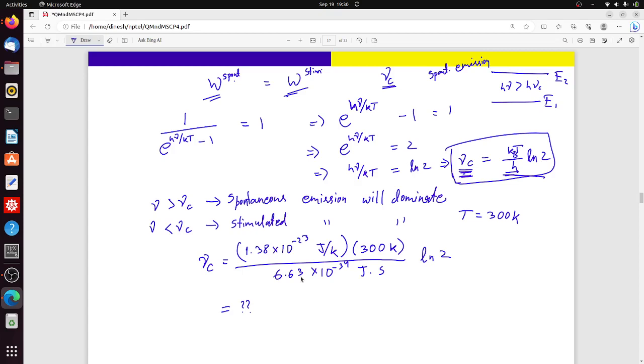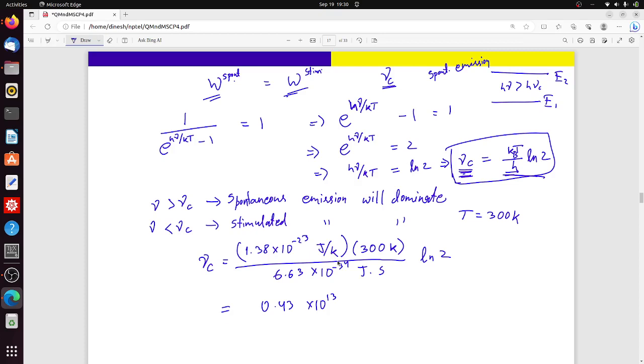Okay, I am writing the numerical value, you cross check. 0.43 into 10 to the power 13. And the unit?